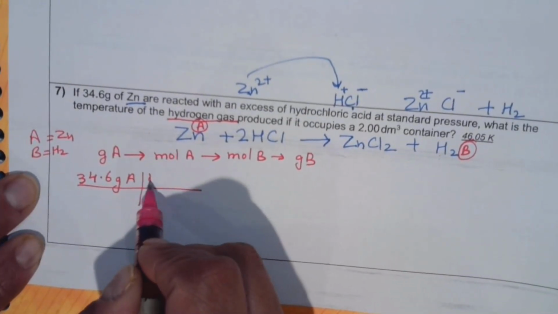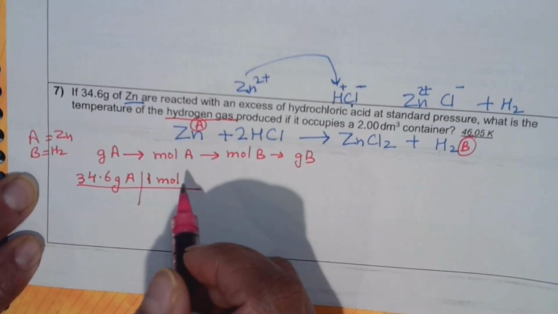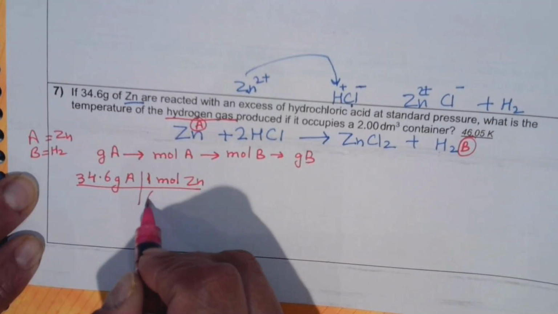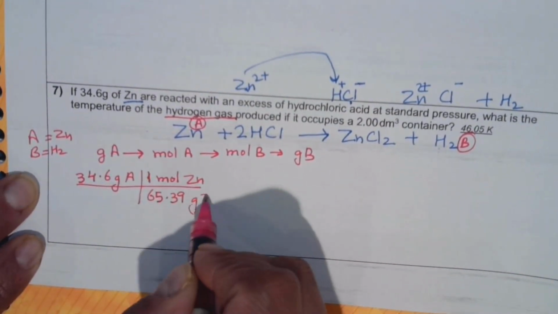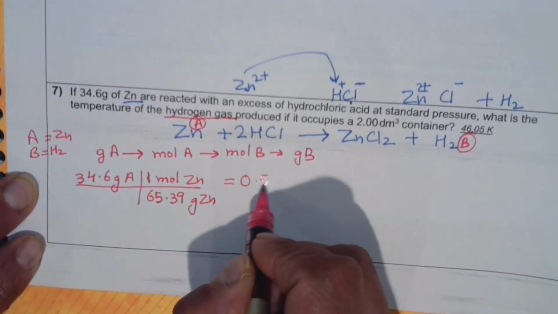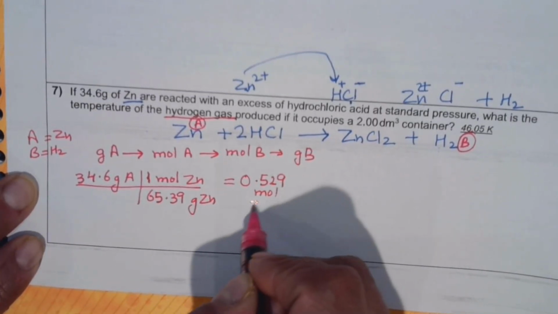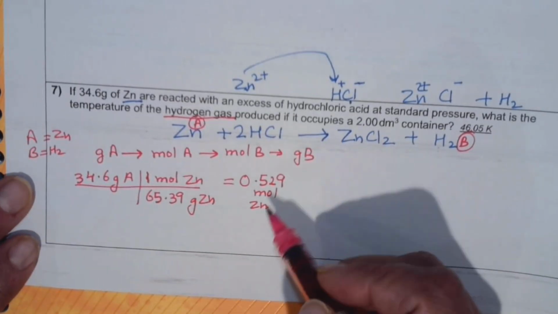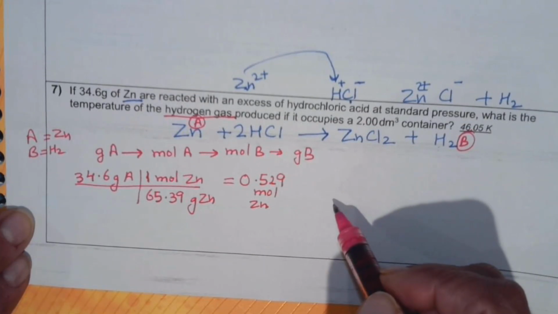So we have 1 mole zinc is equal to 65.39 grams zinc. So this comes out to be 0.529 mole zinc, right?